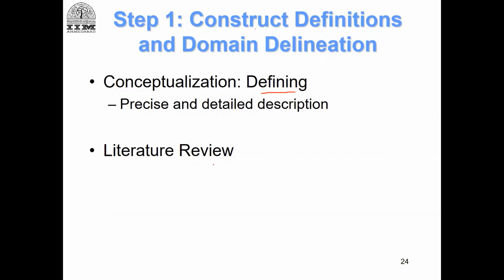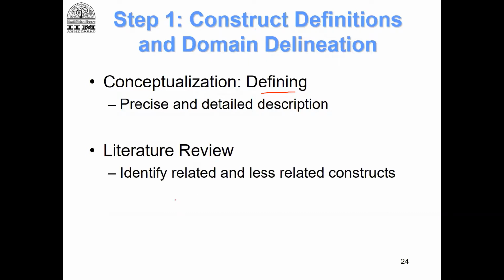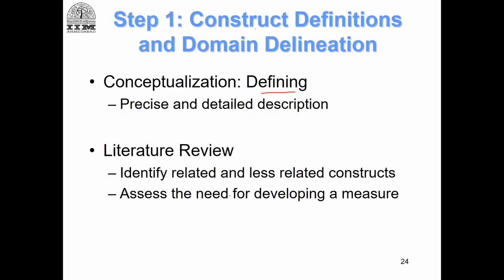Another way could be to interview people, right? So what do you do in a literature review? You identify related and less related constructs, and assess the need for developing a measure. Remember, developing a measure takes a lot of time and effort, okay?